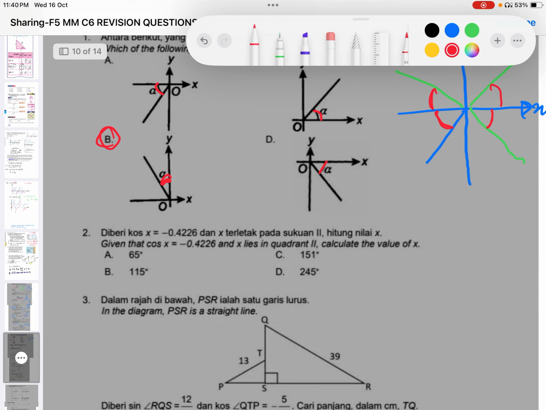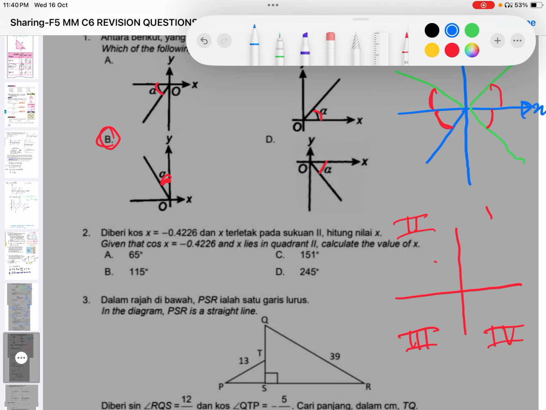So question number 2, given that cos X is equals to negative 0.4226 and X lies in quadrant 2, calculate the value of X. So X lies on the quadrant 2, so this is going to be 1, this is 2, this is 3, this is 4.